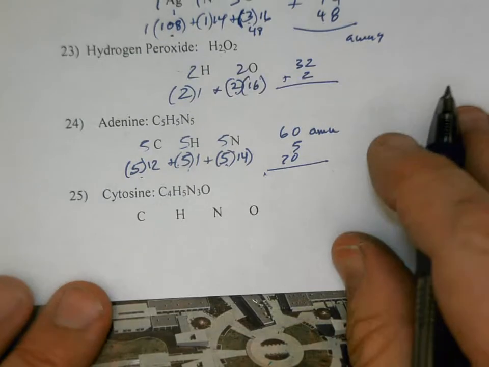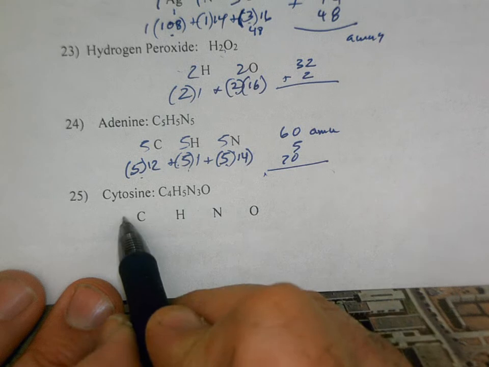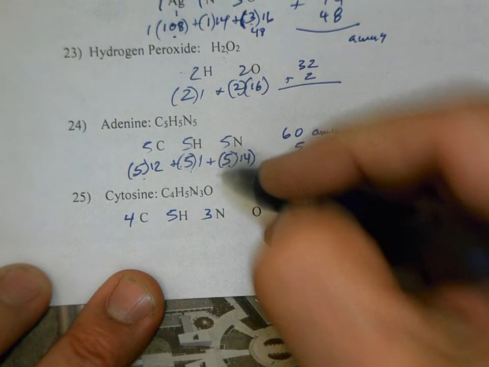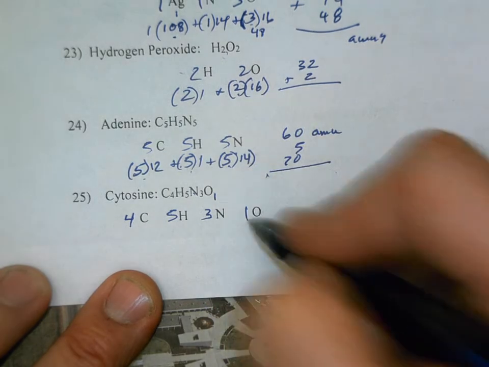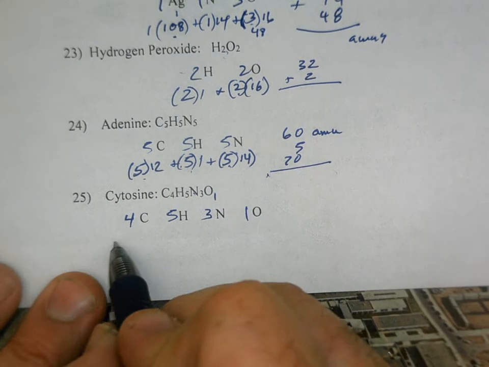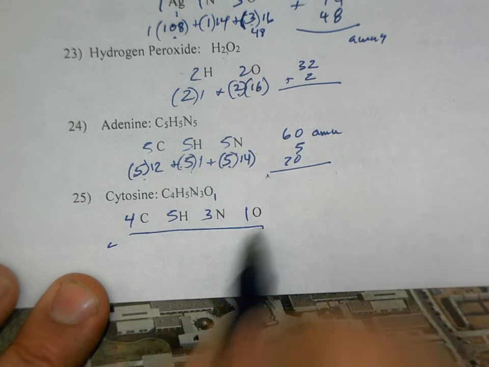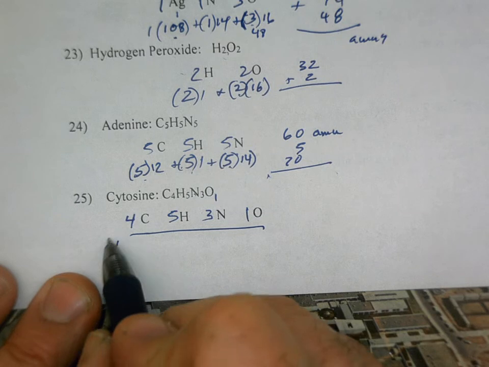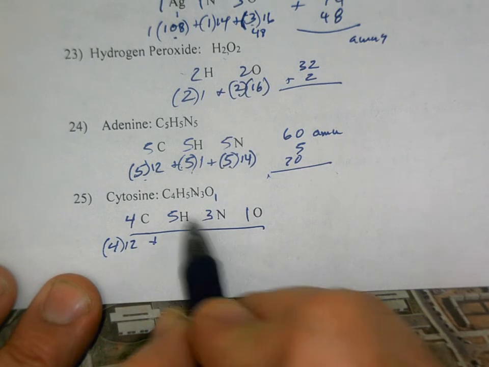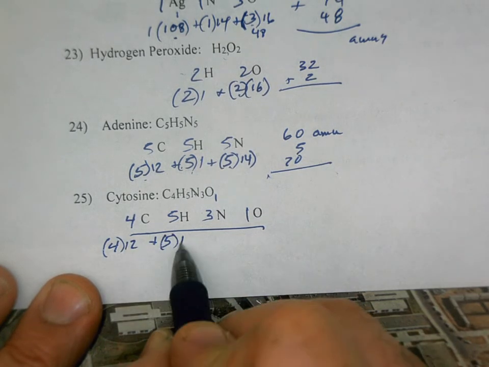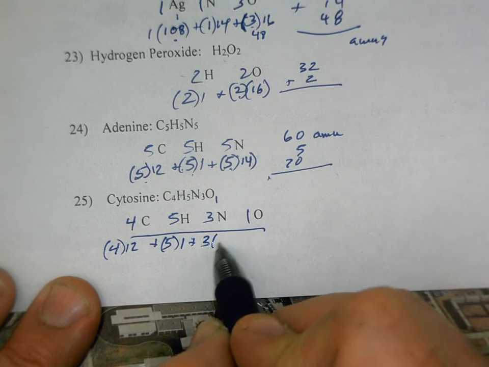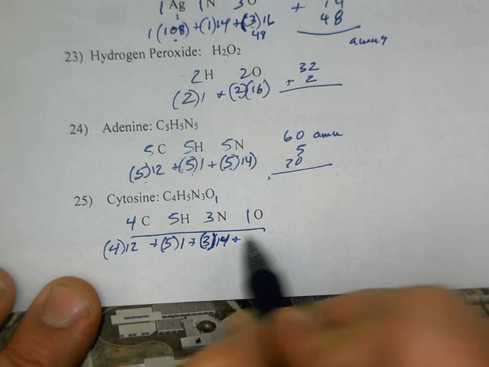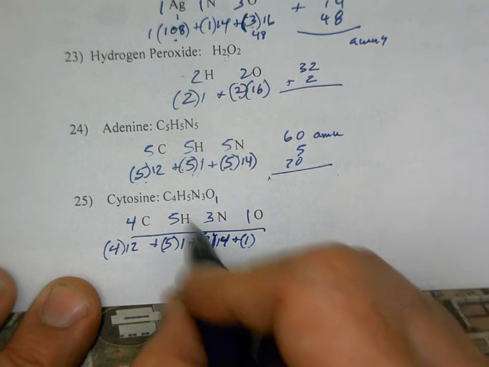And lastly, cytosine, just for practice. It looks like we've got 4 carbons, 5 hydrogens, 3 nitrogens, and if there's not a number afterwards, that means there's just one of them. So that's how many atoms of each. Now we're going to do the molecular weight of this compound. 4 carbons at 12 each, plus 5 hydrogens, each one weighs 1, plus we've got 3 nitrogens that each weigh 14, plus we've got only 1 oxygen weighing 16.